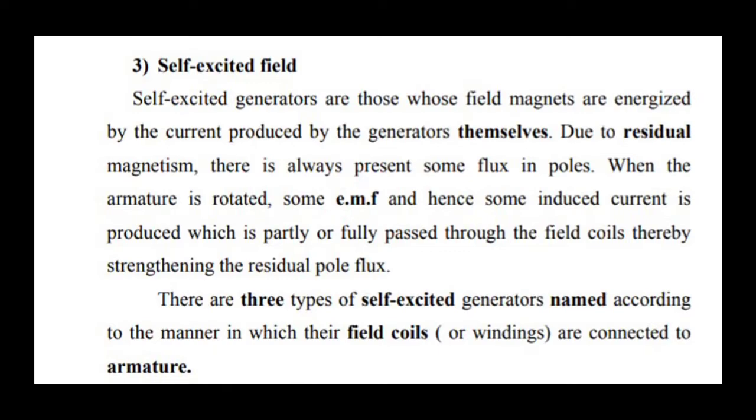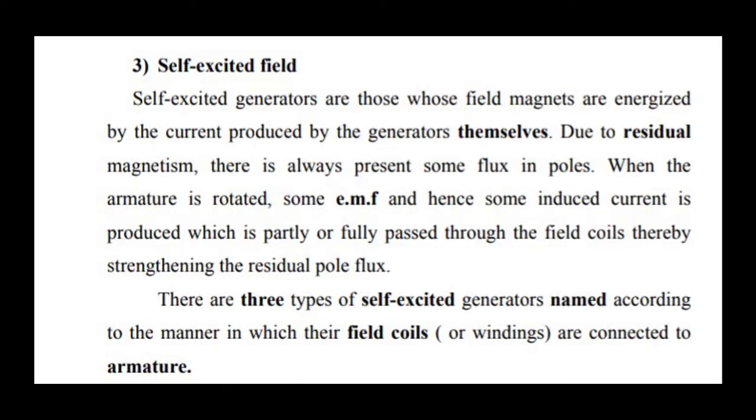In a self-excited machine, the field winding and armature windings are connected, that may be in series or parallel or series and parallel. But initially there is no voltage given to the field winding.